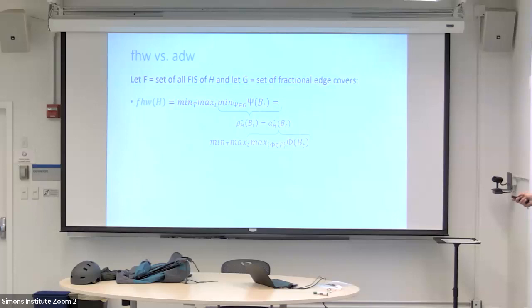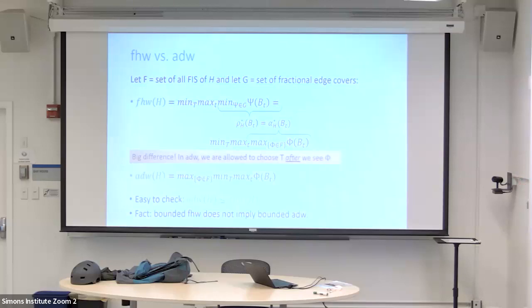By duality, that's the same as the fractional independent set number. So we could also represent this as the minimum over all tree decompositions of the maximum over all nodes in the tree decomposition of the maximum fractional independent set applied to each of the bags.